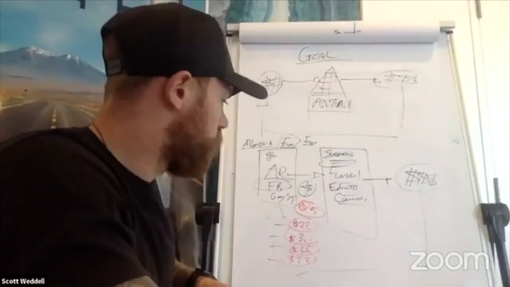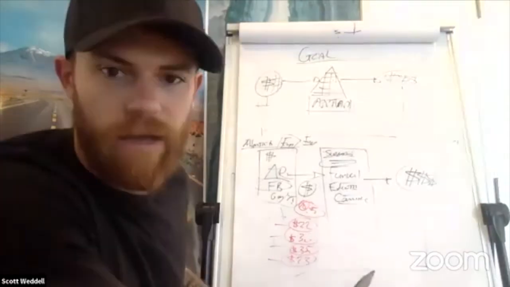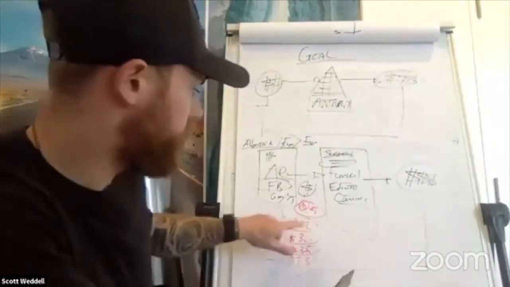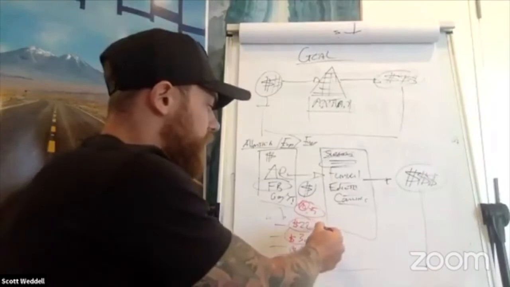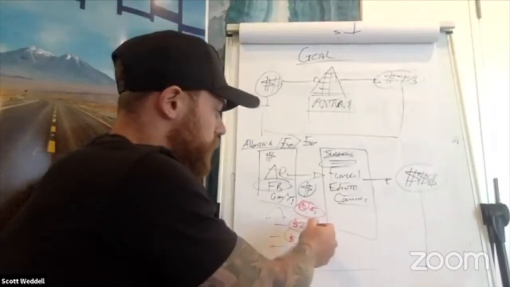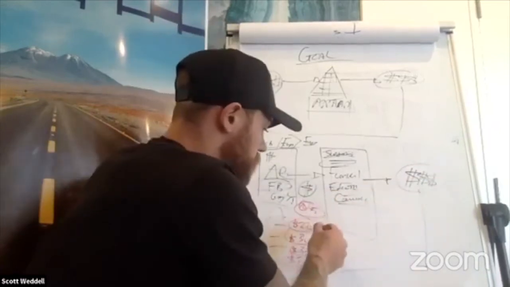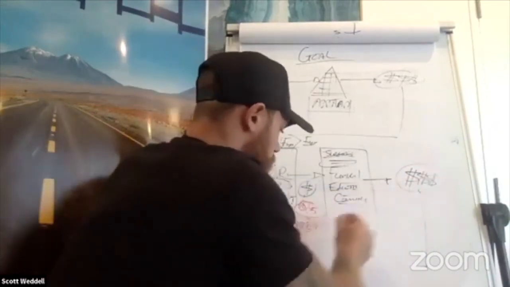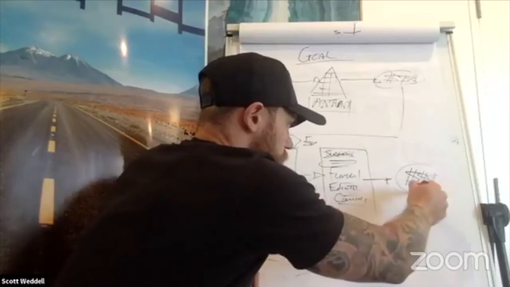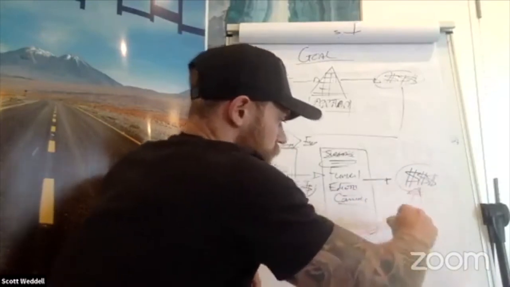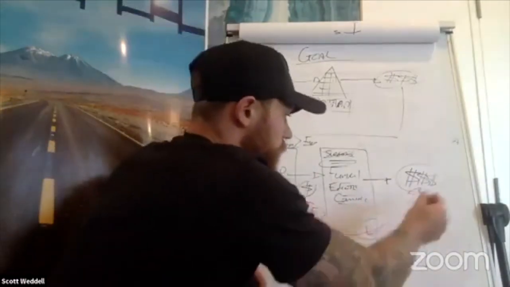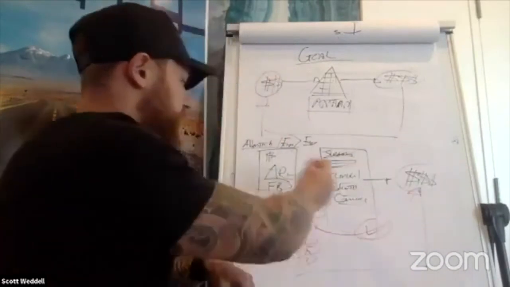If you've got a $22 lead, the first thing I need to check is, if it's $22, are there any sales coming from this? Because if there's a sale, let's put a tick. Yes, there are sales coming from this, and money's coming back in.